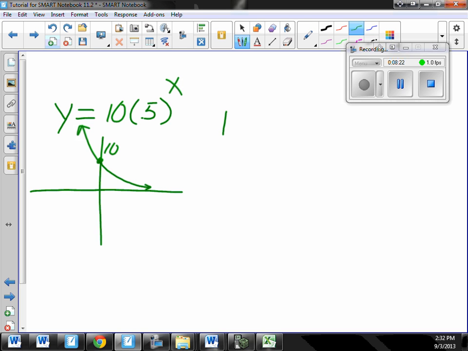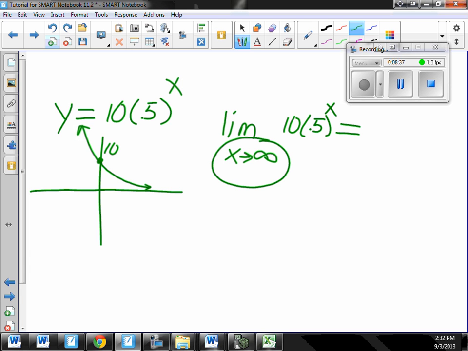We say the limit as x approaches infinity of 10 times 0.5 to the x is, if I were actually to reach infinity, which can't happen, what would be my answer? So if I were to plug in this number, I would get that. If I were to plug in 2, I'd get that. If I were to plug in 3, I'd get that.